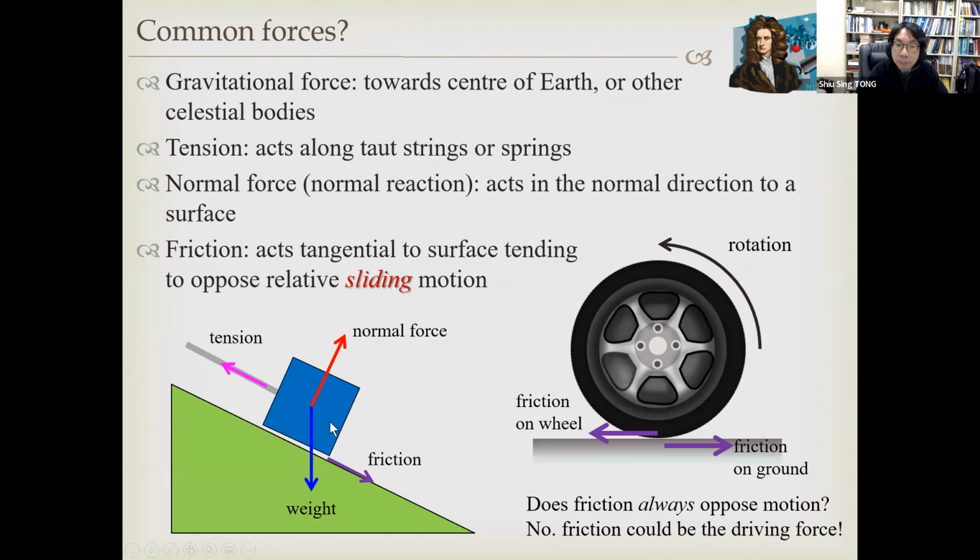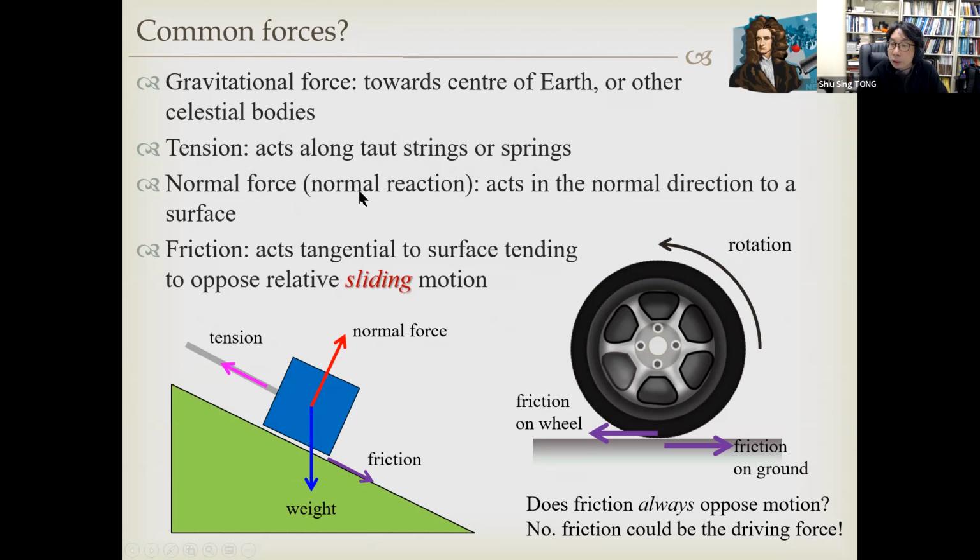If you place an object on an inclined plane, the weight of the body will be vertically downwards towards the center of the Earth. And if you are pulling this body up along the inclined plane, there's a tension force in the string acting on the body. And there may also be the normal force.